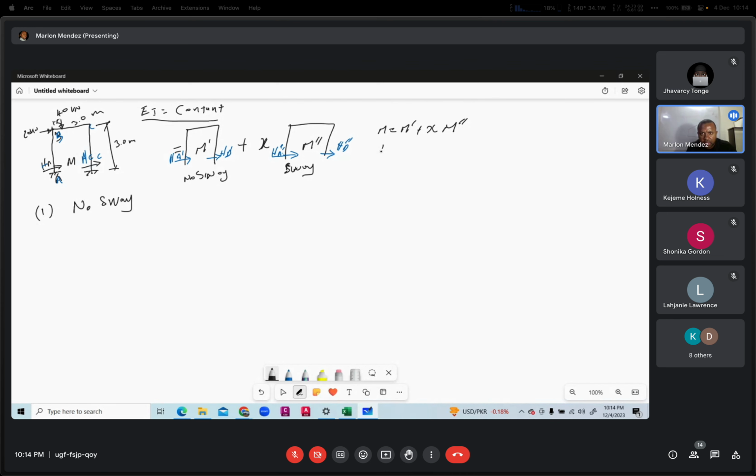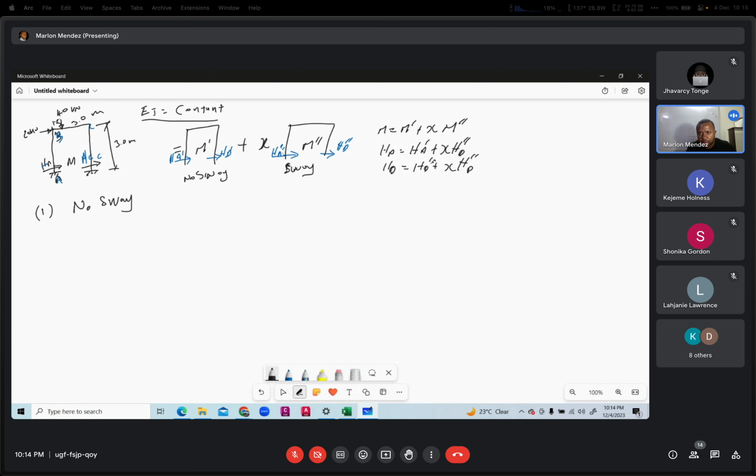Then we have the shear at the base, and that is HA plus HD, and this is D.